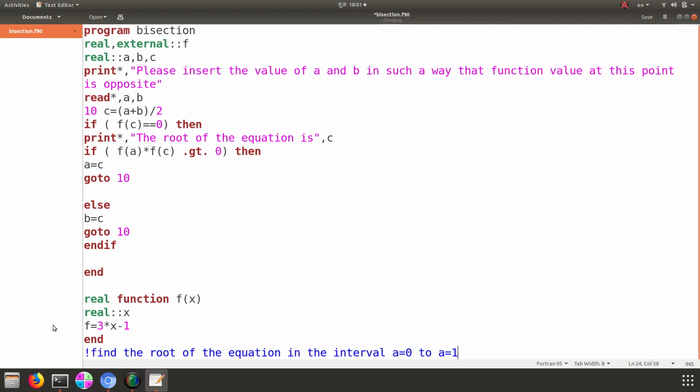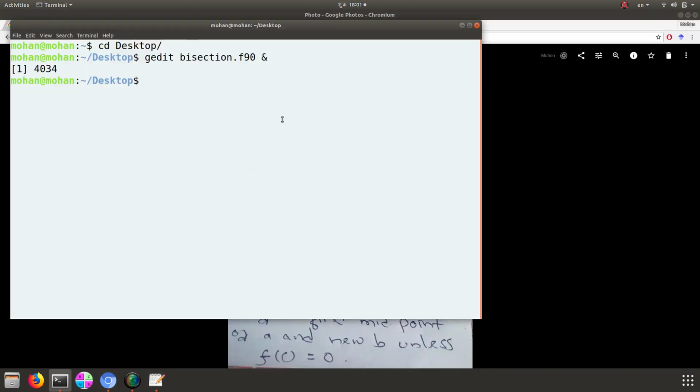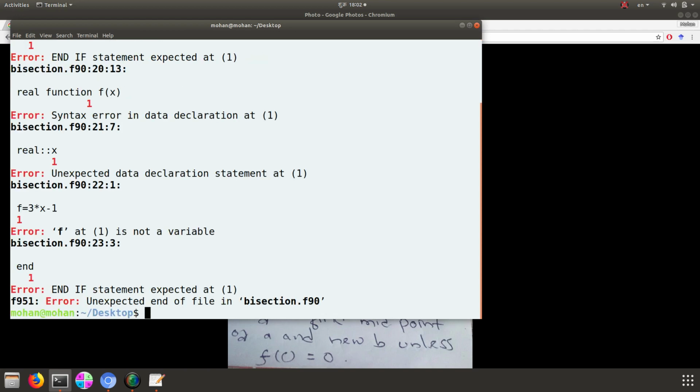Okay, so let me save it by using Ctrl S, and then let me open the terminal. Yes, this is our terminal. So to compile that file, I need to insert gfortran here, and the file name is bisection.f90. Okay, so now press enter and it will compile here.